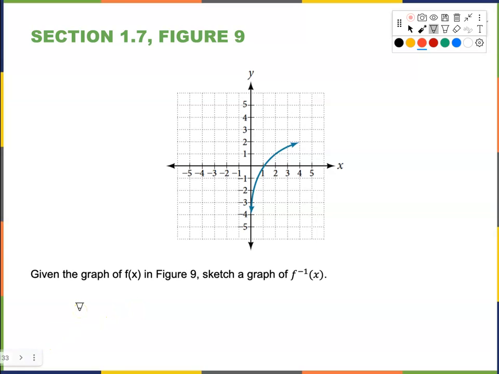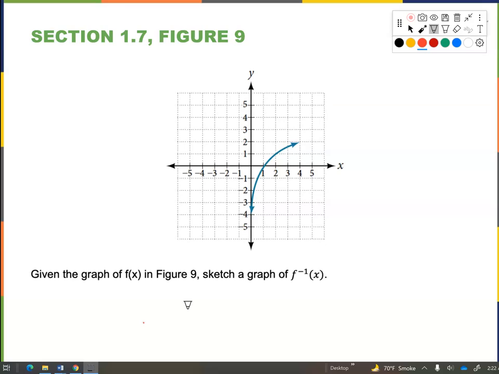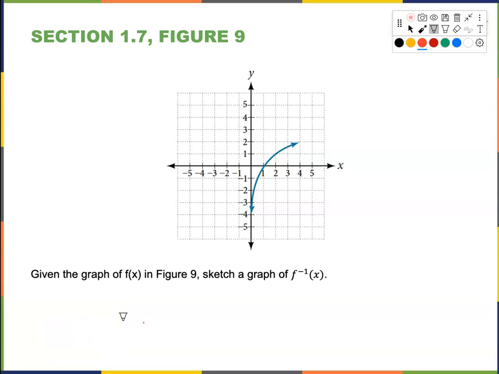Next example, given the graph of f of x in figure 9, sketch a graph of the inverse of f of x. So how do we sketch a graph of the f inverse of x? By looking at the graph, this is a one-to-one function, so definitely we will be able to sketch an inverse. So what do we see here?